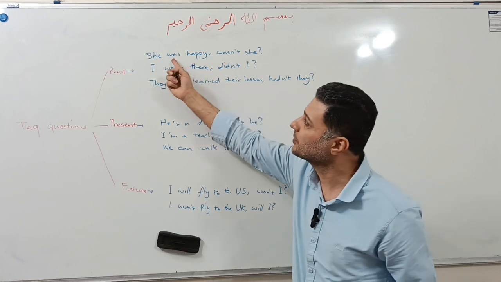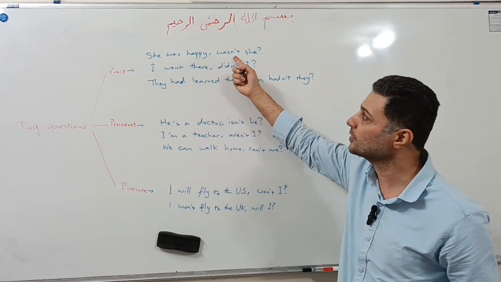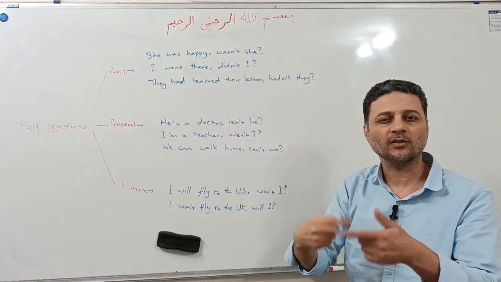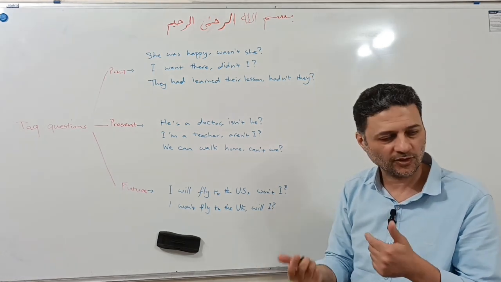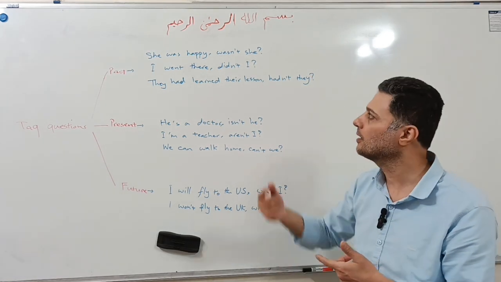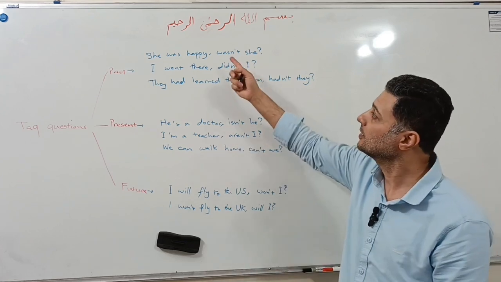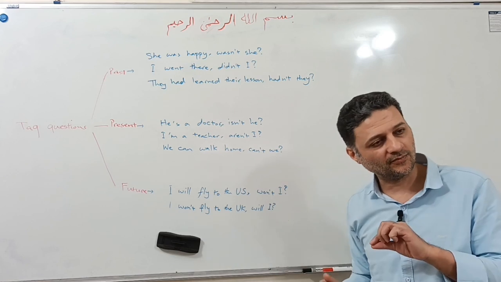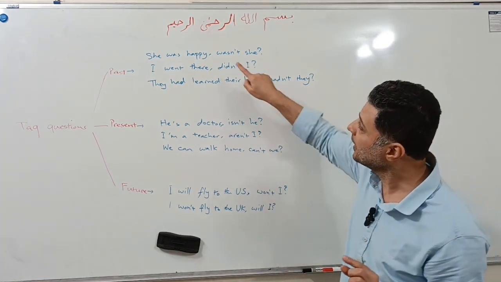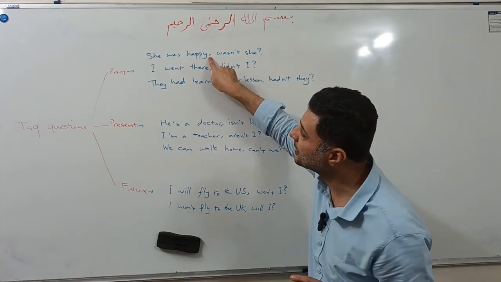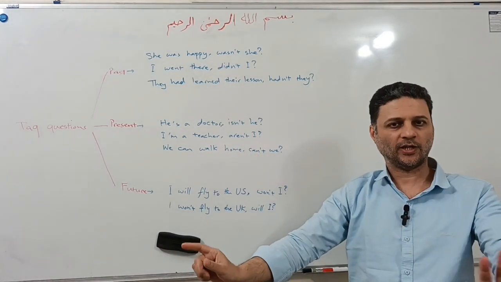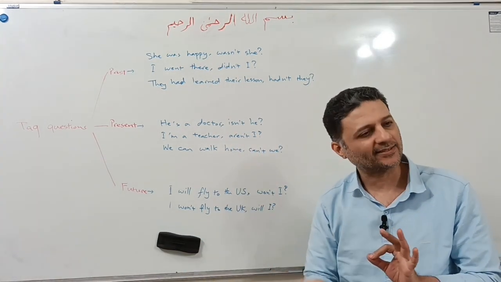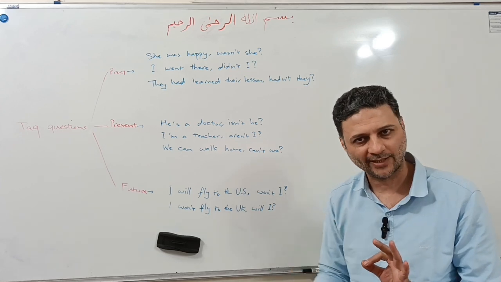So the same auxiliary verb is used in the tag question. This is how it is. The form of tag questions is as follows. We use the auxiliary verb or the modal verb after a comma. Instead of a period, like she was happy, period, which is okay, normally we add something that we call a tag question.